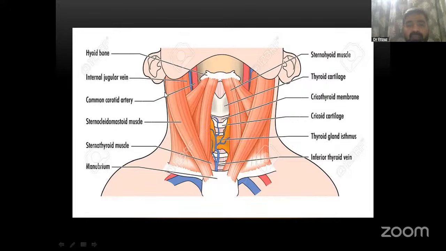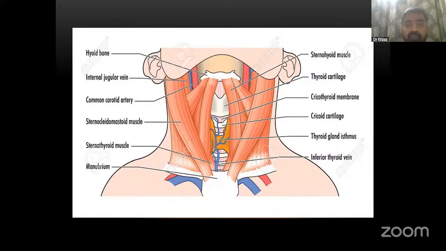Okay, when we remove this sternocleidomastoid muscle, we have two types of muscles actually. One is the anterolateral muscles, that is called the pretracheal muscles, and second is the prevertebral muscles.